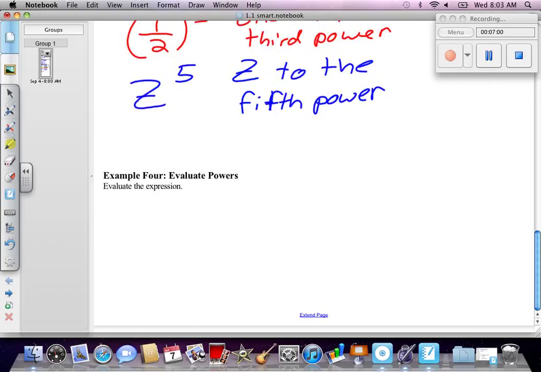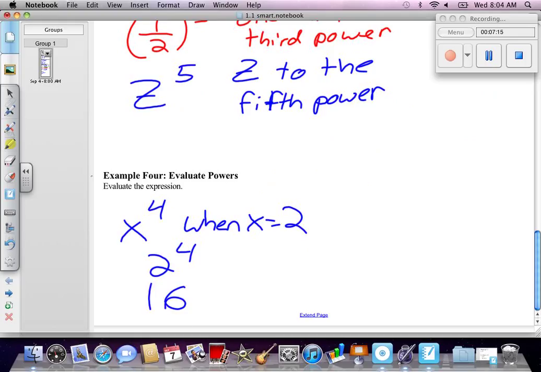All right. We're going to quickly evaluate these problems. We've got x to the 4th when x equals 2. So we simply have 2 to the 4th. 2 times 2 is 4, times 2 is 8, times 2 is 16.